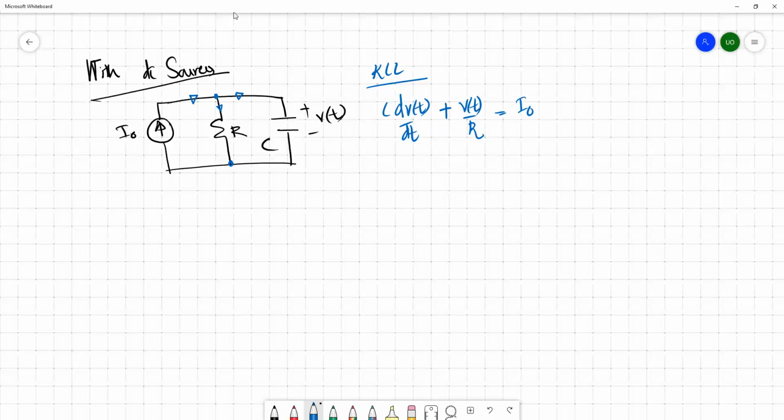We have C here, so we divide the entire equation by C. Then it becomes the derivative of the voltage plus 1 over RC times v(t) equals I naught over C. Okay, so this is the differential equation. Now, in the previous scenario, we got this kind of equation.